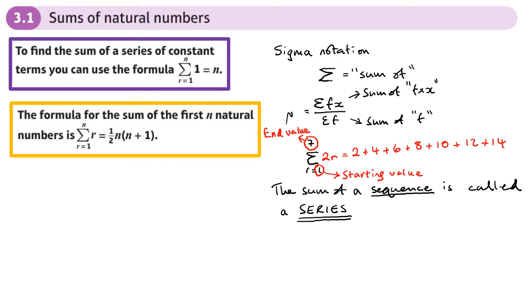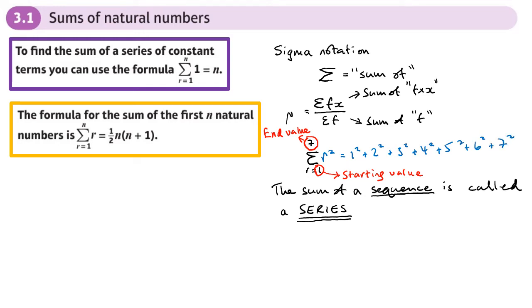We'll do one more. Let's say instead of 2r, instead there I had r squared. Let's put that down first before I do the equals. This will be 1 squared plus 2 squared plus 3 squared plus 4 squared plus 5 squared plus 6 squared plus 7 squared.